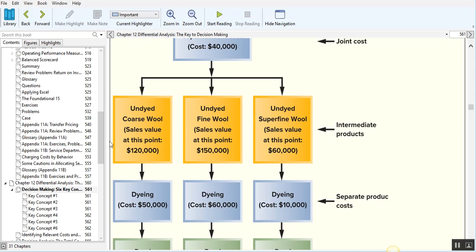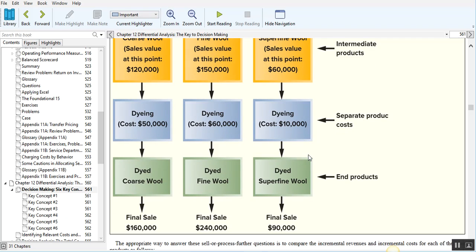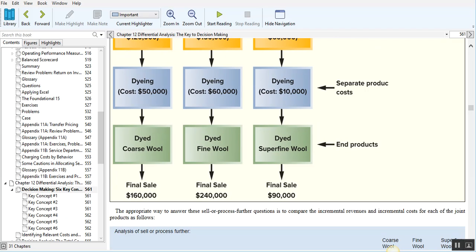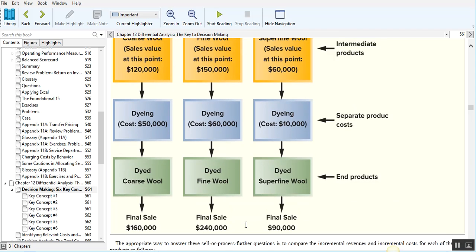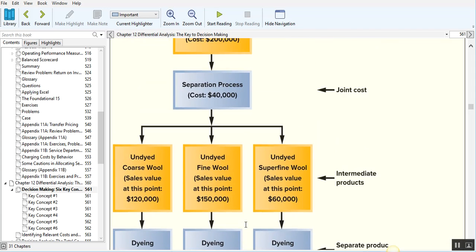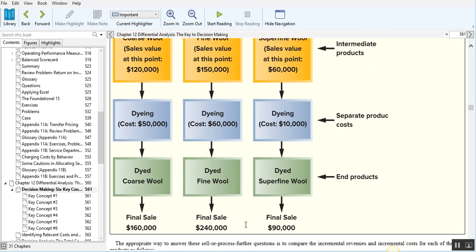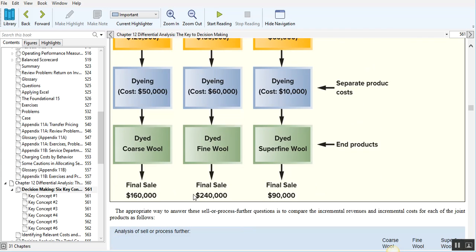The undyed coarse wool, and then the undyed fine wool, and the undyed superfine wool. And they're going to ask, do we continue to process these products? And if they do, this is the cost that they're going to incur. And then basically, when they get done, the final sales value will be shown here.